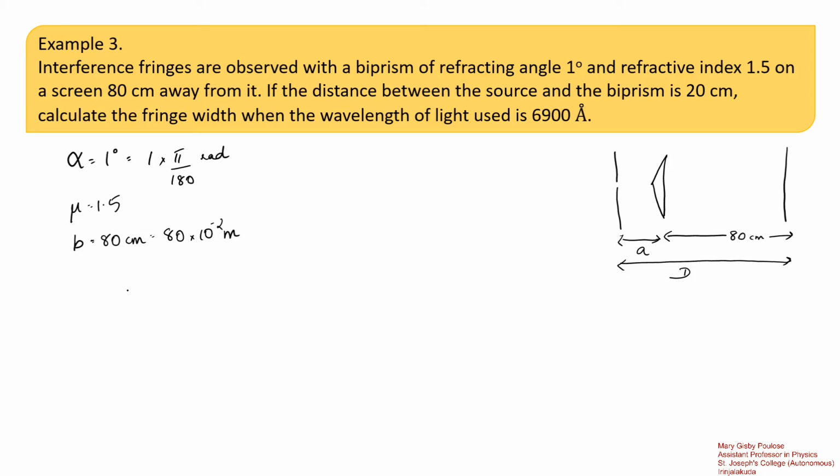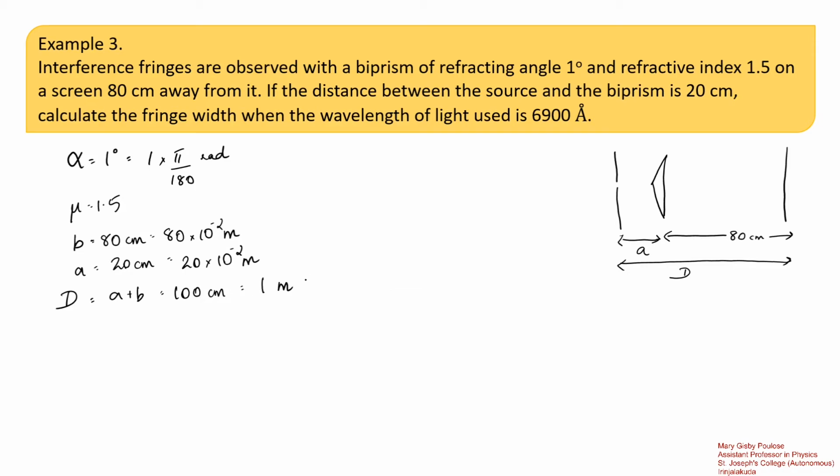Now the distance from the source to the biprism is 20 centimeters, that is small a is 20 into 10 raised to minus 2 meters. I can immediately write capital D as a plus b, that is 80 plus 20, 100 centimeters, that is 1 meter.